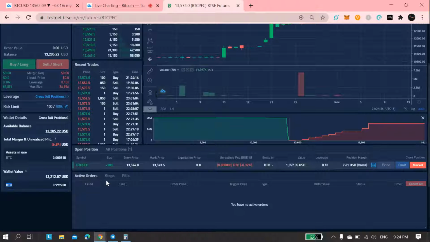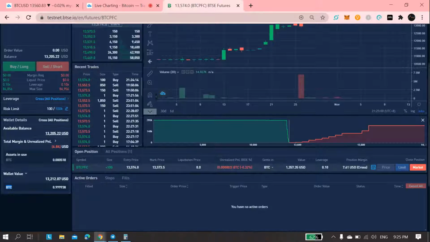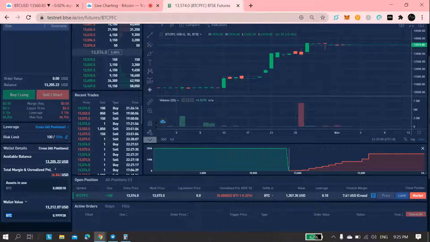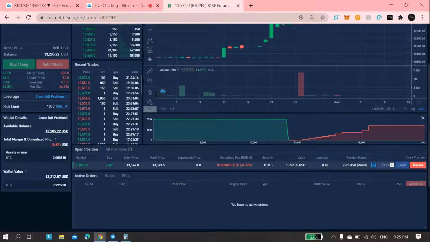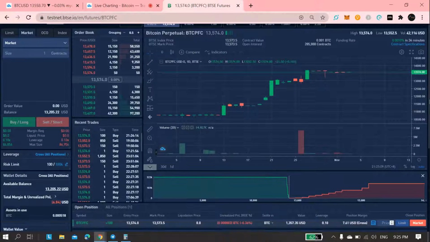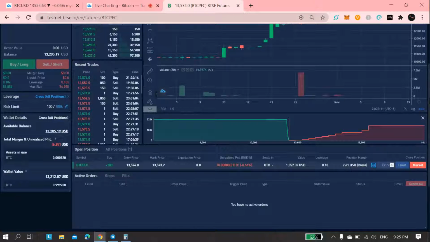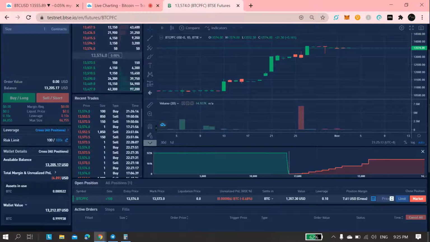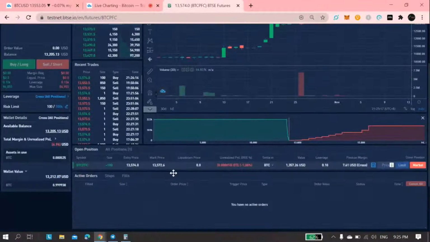And of course, I want to have profit. So let's just post this one. So if ever it went down, for example, I can average this position. So I will buy another 100 contracts.